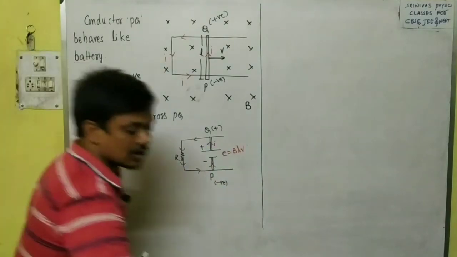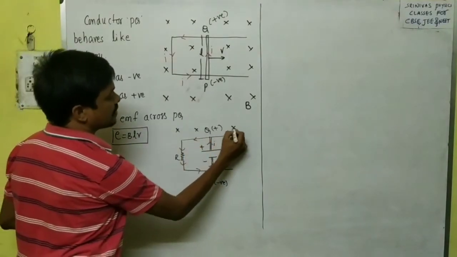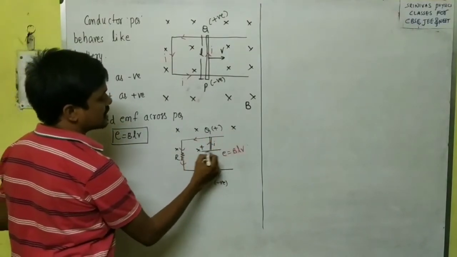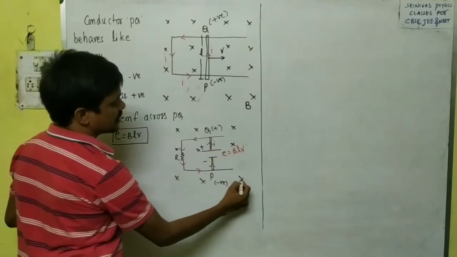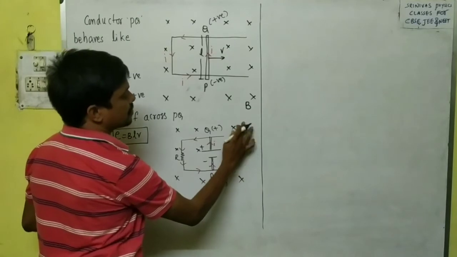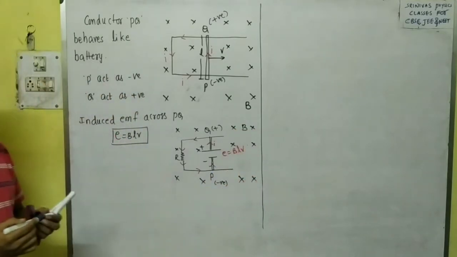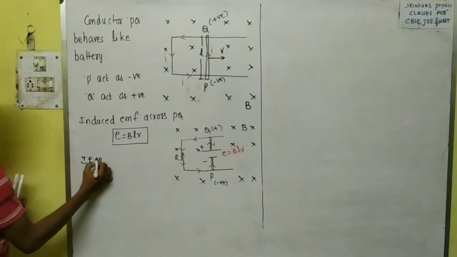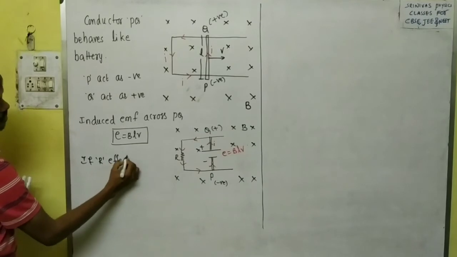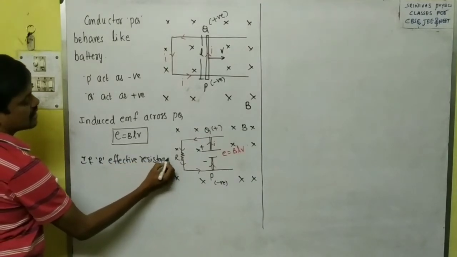In this, the conductor is moving in the magnetic field, and the magnetic field is B. If capital R is the effective resistance of the loop, then what is the current in the loop?